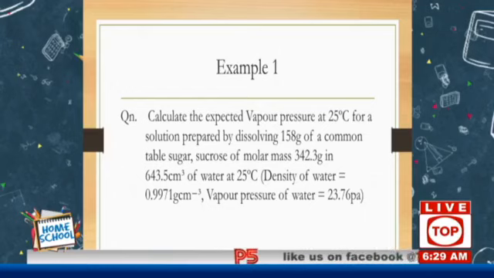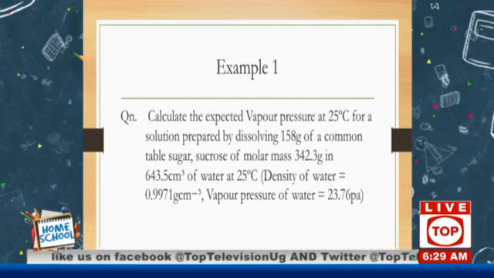Density of water is 0.9971 gram per centimeter. Vapor pressure of water is that one. You can look at the question.